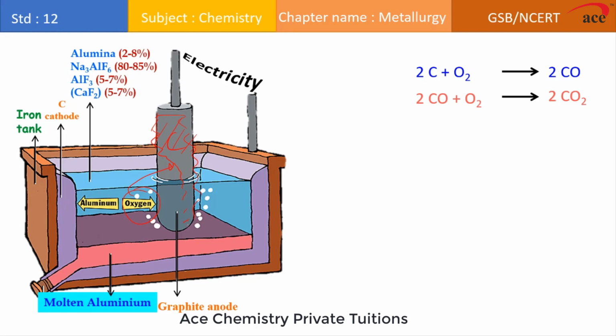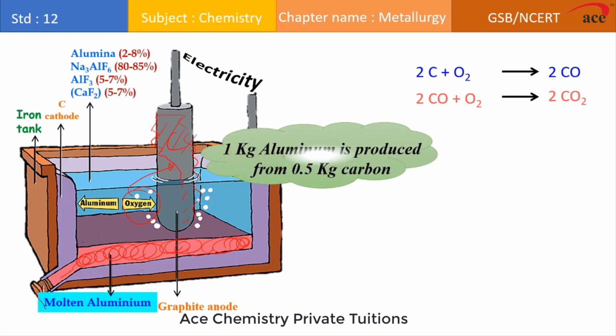At the end of the process, gradually you can see there is a collection of molten aluminium at the lower part of this tank, and from this drain plug it is taken out. We get around 99% aluminium this way, and I told you that 1 kg of aluminium production consumes 0.5 kilogram of carbon from the anode.